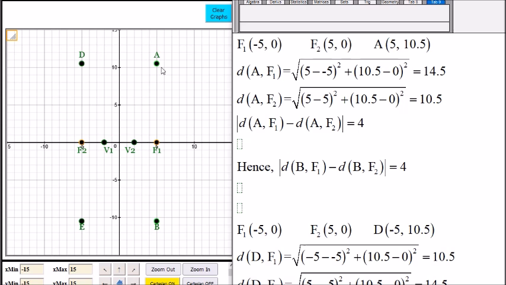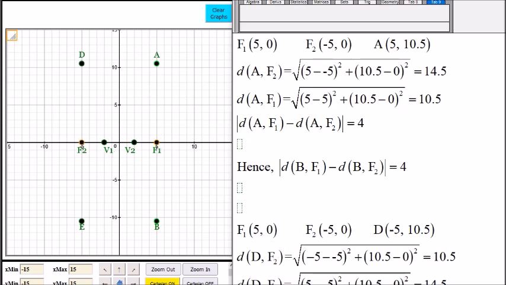So here we have the point A, which is located at (5, 10.5). F1 is located at (5, 0). So the distance from A to F2 will be 5 minus negative 5, plus 10.5 minus 0, and we get 14.5.